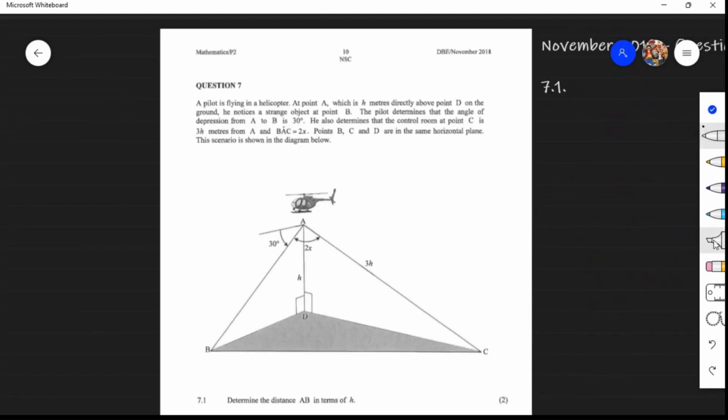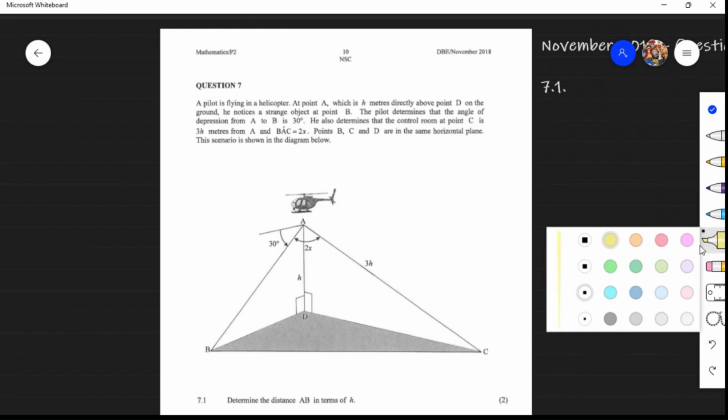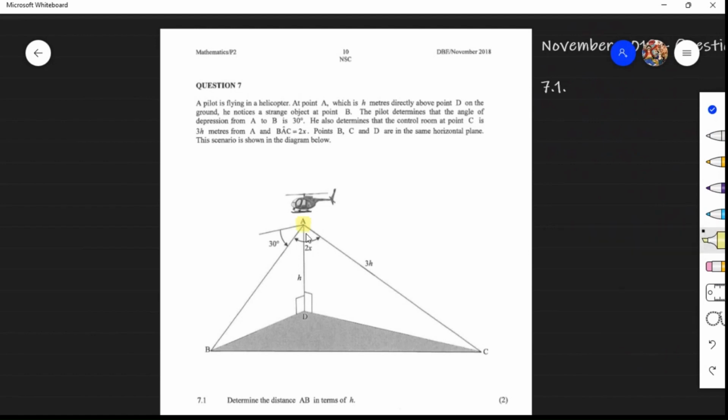From our diagram, we can see that our pilot is directly above point D. And then he notices a strange object at point B. So let's just make a note of that. Point B is where our strange object is.